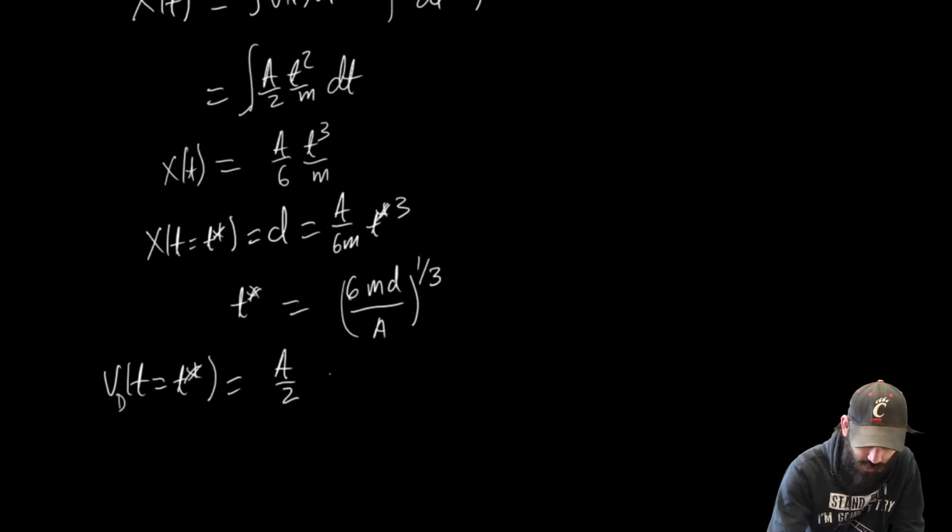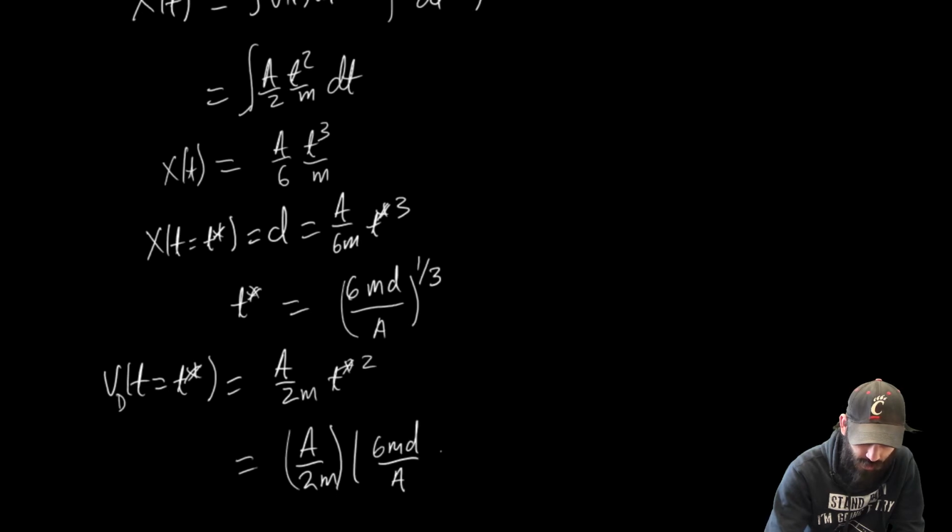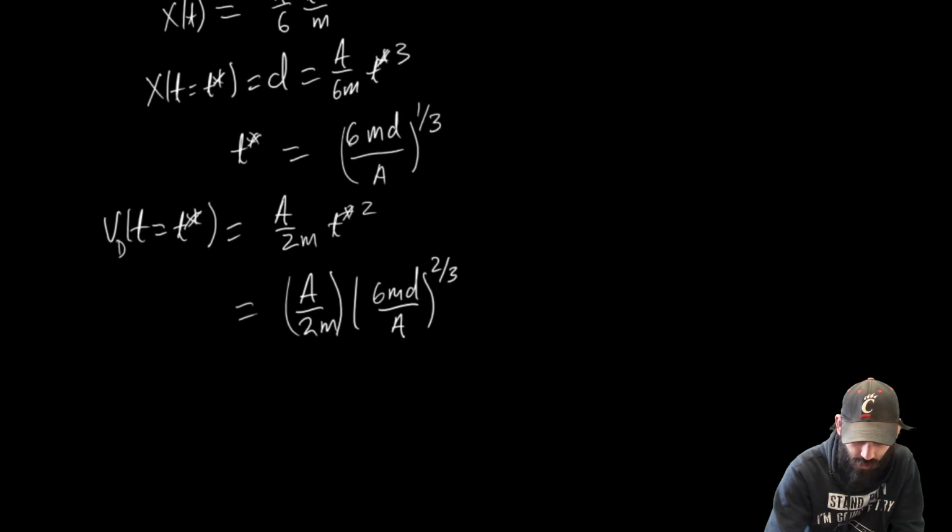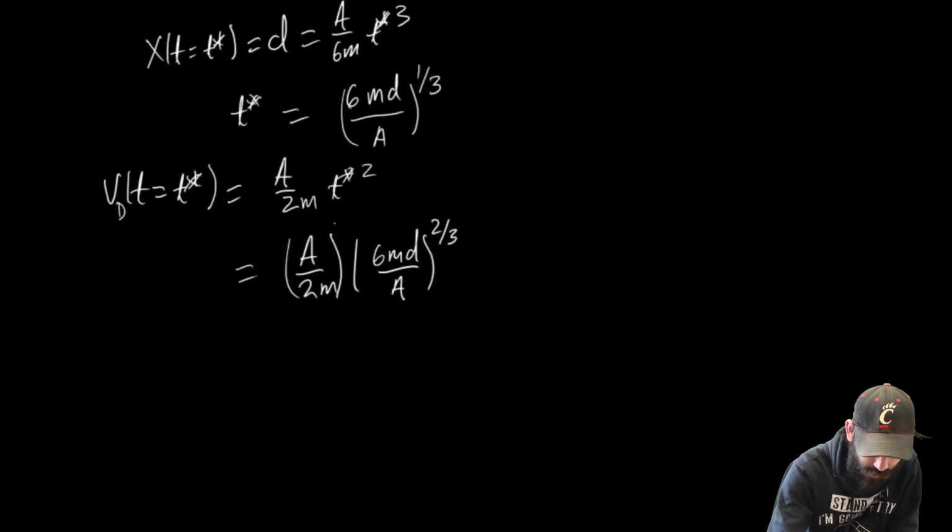And so this is going to be equal to a divided by 2 times m times t star squared, which is going to be a over 2m times 6md divided by a to the 2/3. And then this is really to the 3/3.